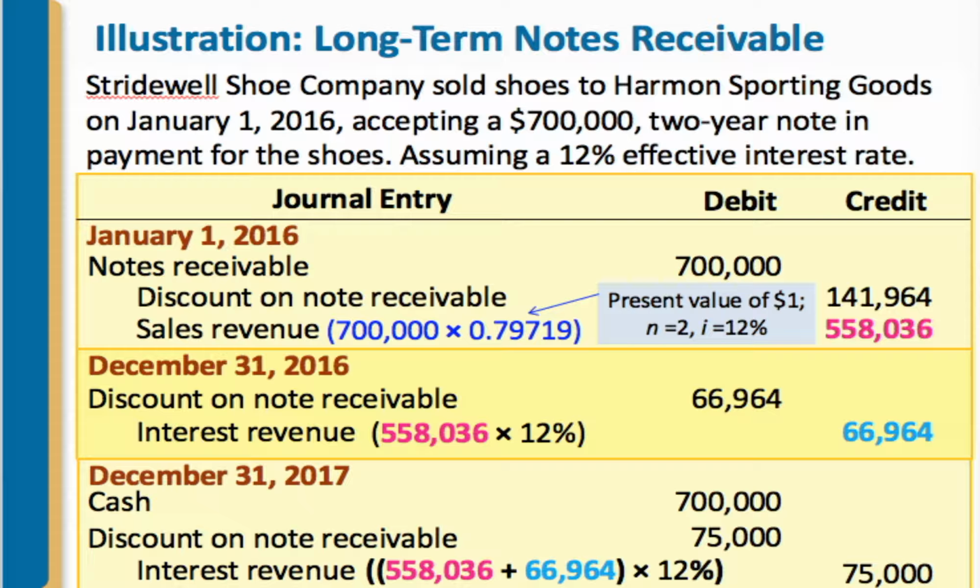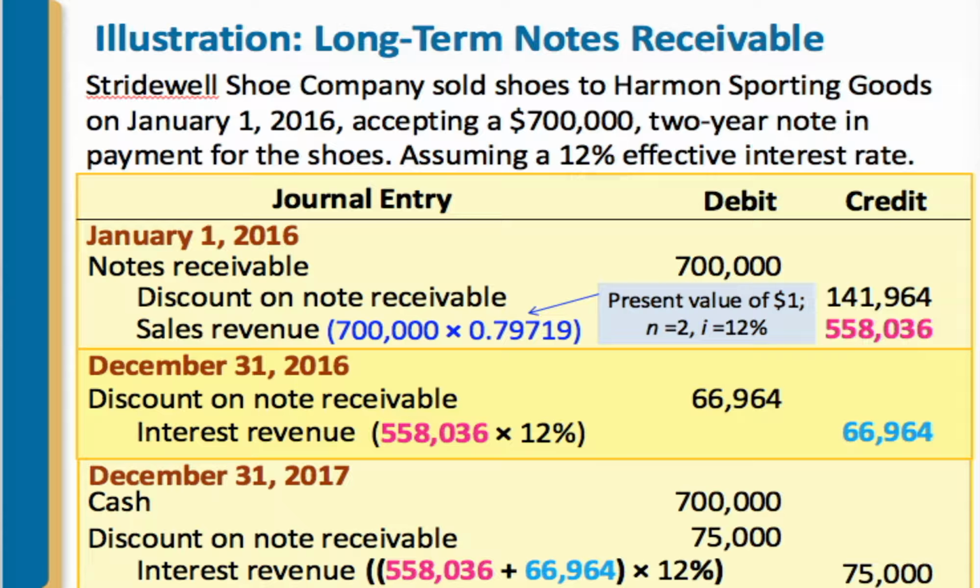Second, interest revenue each period is calculated based on the net note receivable as of the beginning of that period. As a consequence of this, interest revenue differs between periods because the net note receivable increases over time. In our example, Stridewell's 2016 interest revenue of $66,968 is calculated based on the initial note receivable balance, $558,036, times 12%.